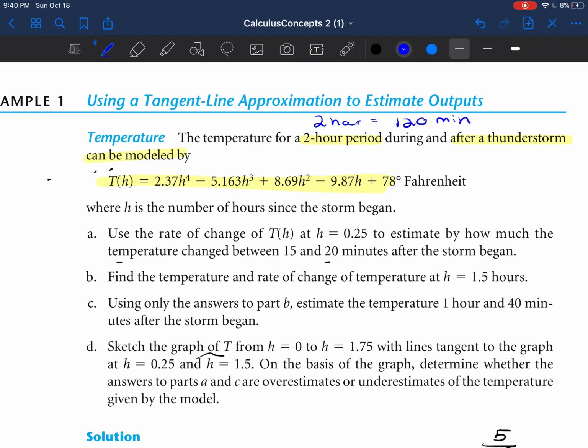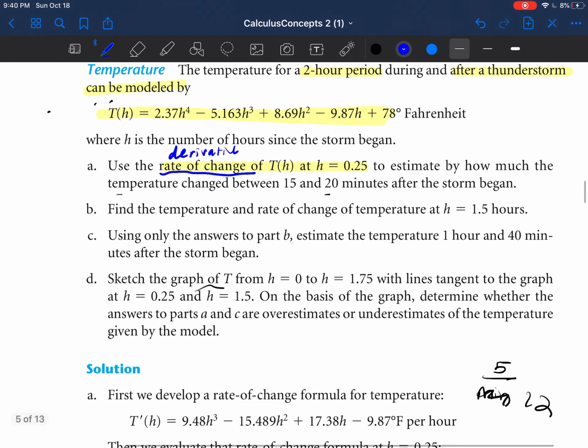This is always good to do. Okay. Use the rate of change. Okay, so what does that mean? Use the rate of change of T of h. Rate of change, ding, ding, ding, derivative. Awesome. Find the derivative. Okay, let's scroll down.